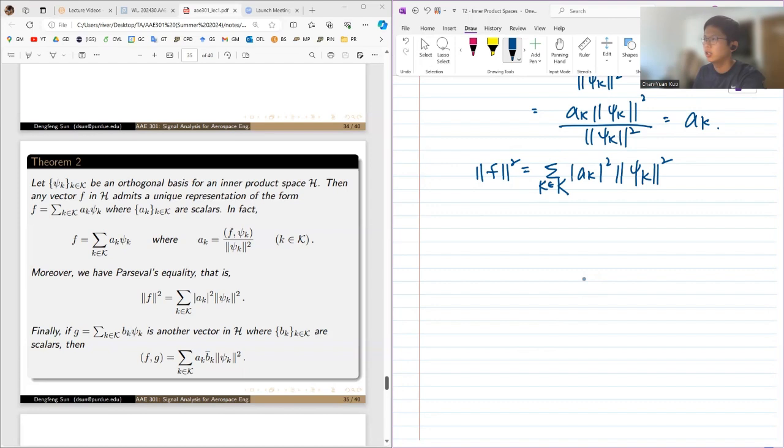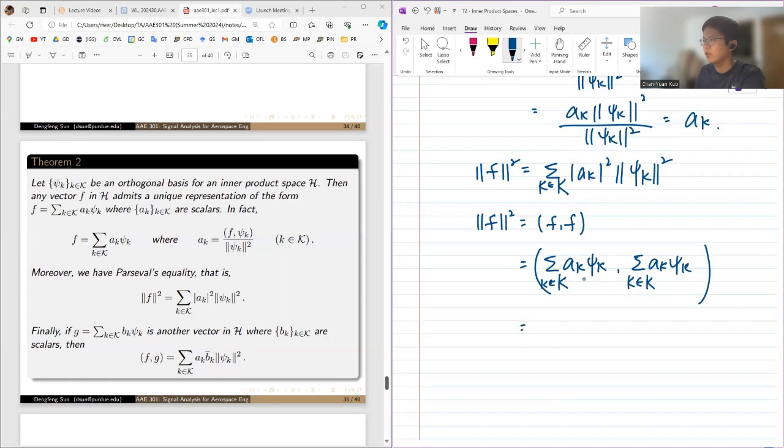Recall that the squared norm of f is essentially the inner product of f and itself. So let's replace f with the summation of ak times psi k, k in the kappa set.